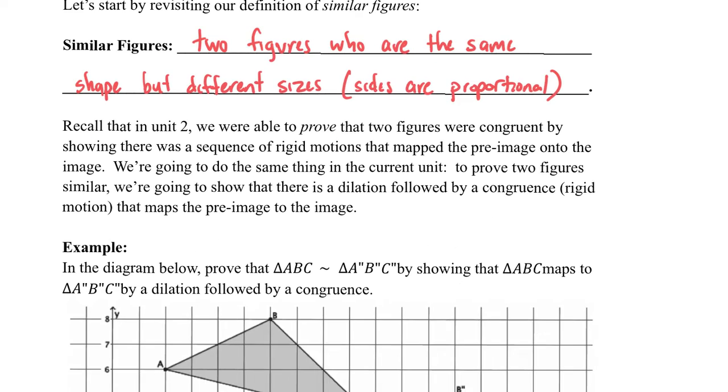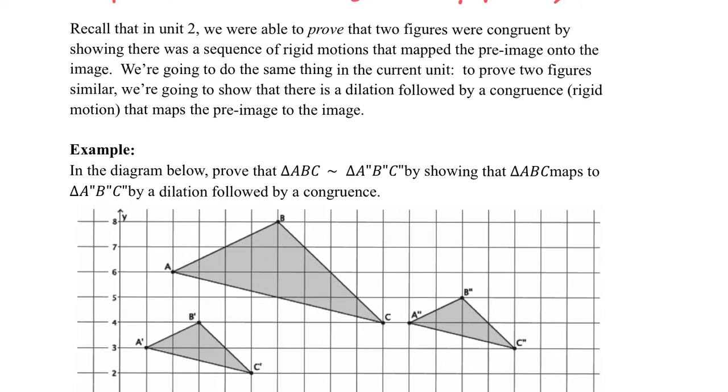Okay, so in Unit 2, we talked about proving that two figures were congruent because we showed that there was a sequence of rigid motions that mapped the pre-image onto the image. So in Unit 2, I gave you two figures and I said, prove to me that these two figures are congruent. And you said, okay, well, I can get from the pre-image to the image by doing a reflection followed by a translation or something to that effect.